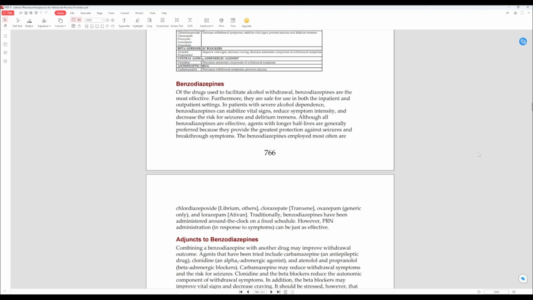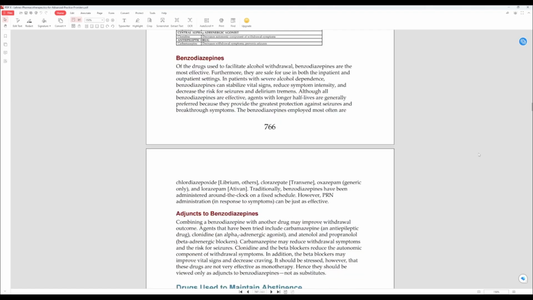Of the drugs used to facilitate alcohol withdrawal, benzodiazepines are the most effective. Furthermore, they are safe for use in both inpatient and outpatient settings. In patients with severe alcohol dependence, benzodiazepines can stabilize vital signs, reduce symptom intensity, and decrease the risk for seizures and delirium tremens.